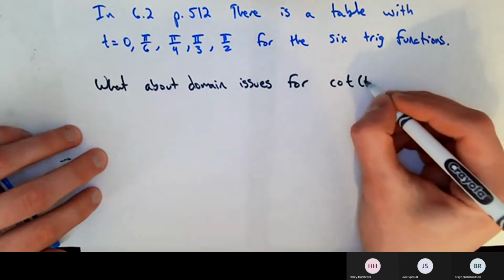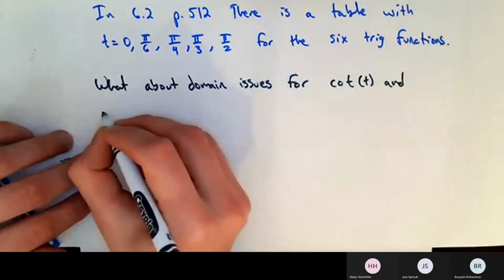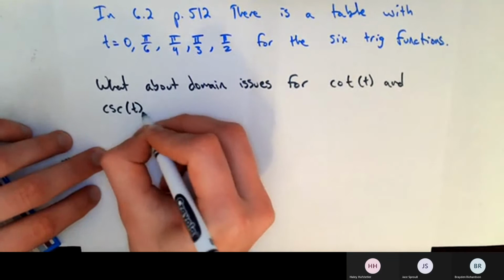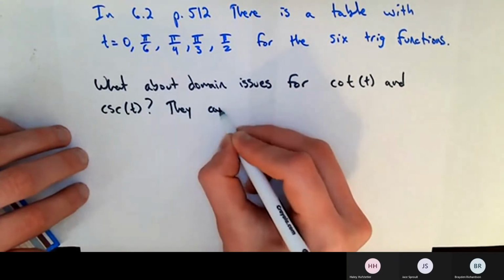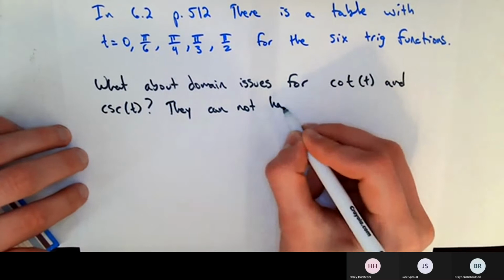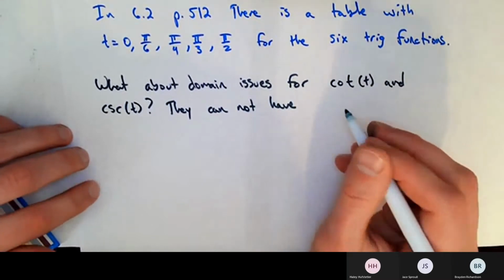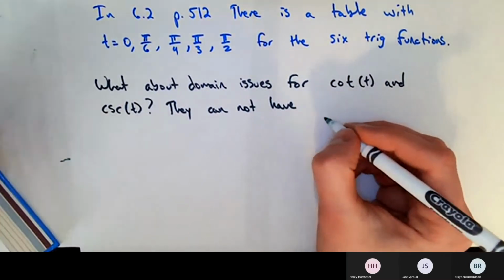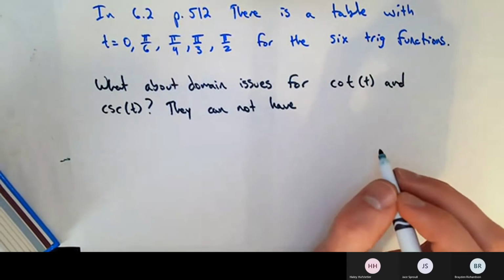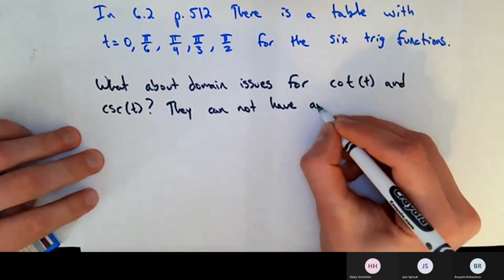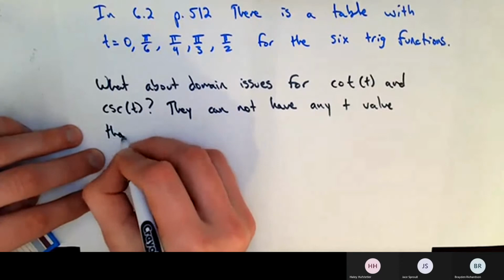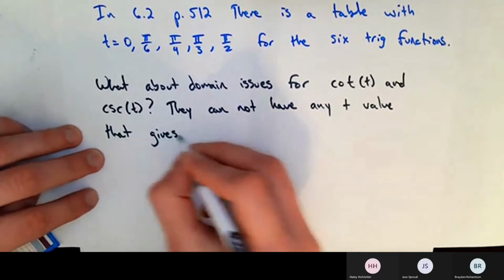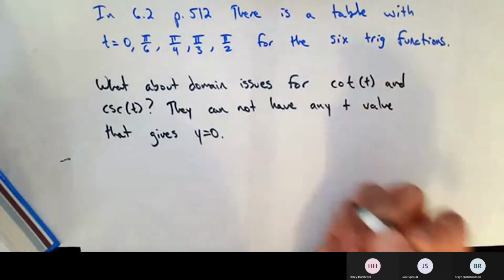Cotangent and cosecant. Well, they have a y in the denominator, right? So they cannot have any t value that gives y equals 0.